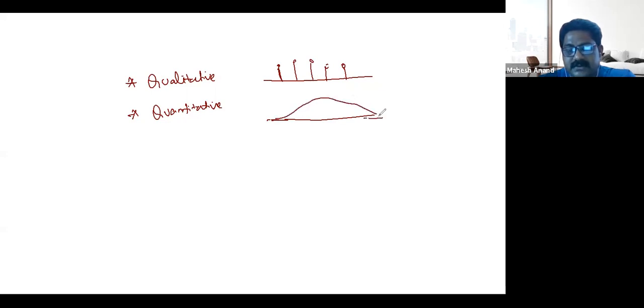The classic example for the continuous, quantitative variable is the normal distribution. For discrete distributions, for qualitative variables, we talk about two popular distributions: one is binomial, another is the Poisson distribution.